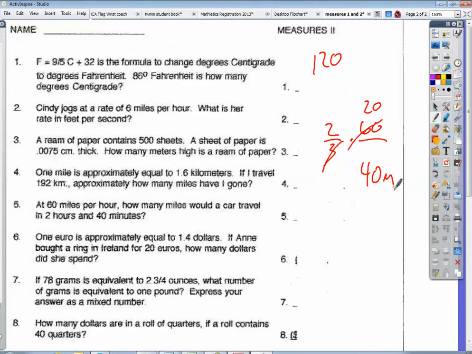So you have 120 plus your 40, which equals 160. Now obviously you could say that I know that 60 miles an hour is a mile a minute, so therefore in 40 minutes you're going to go 40 miles because you're going 1 mile a minute. But this is the proper way of doing it. So that'll work for any miles per hour, even if it isn't a mile per minute.